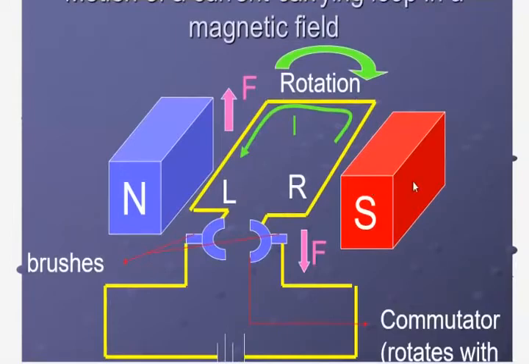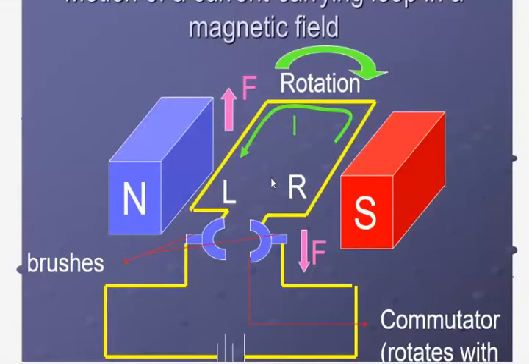The most essential requirement is that you must have a strong field magnet, that is, a permanent magnet that must be strong. Here the north pole of one magnet is placed this side and the south pole of the other magnet is placed this side. So in the space between the north pole and south pole there will be a uniform magnetic field, and in this region between the two poles we place a current carrying rectangular coil.